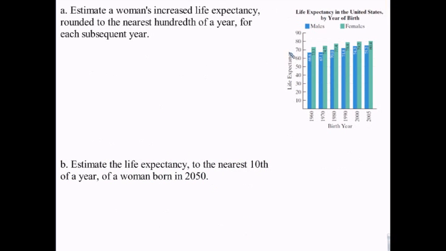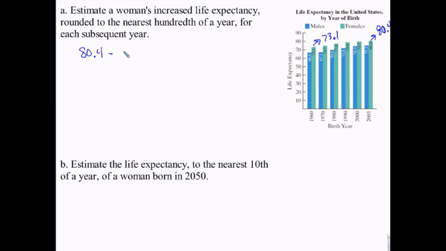So a woman's average life expectancy in 1960 was 73.1, and in 2005 was 80.4. Yep.